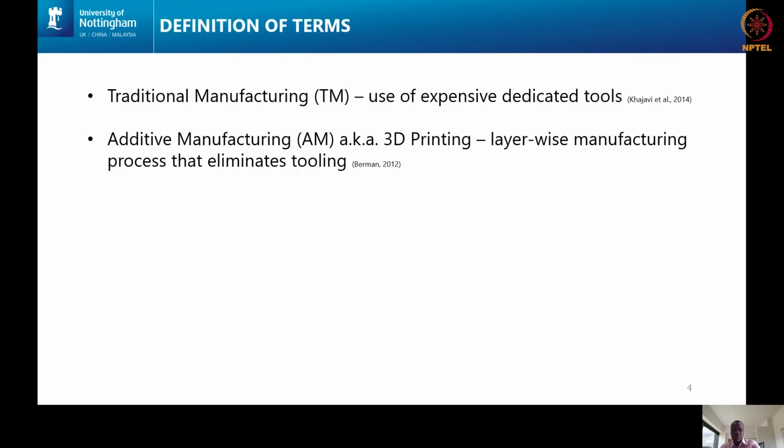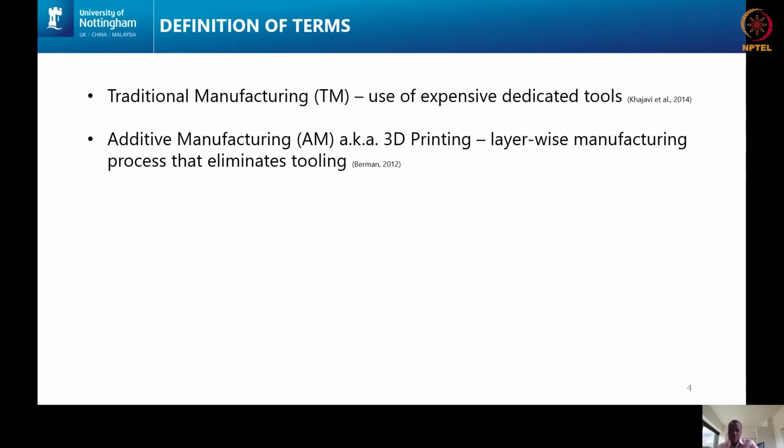So just before I proceed, I would like to introduce some terminologies that I will be using throughout the course of this presentation. Traditional manufacturing here refers to old established manufacturing technologies that are characterized by the use of expensive dedicated tools, and very good examples are CNC machining, casting, and forging.